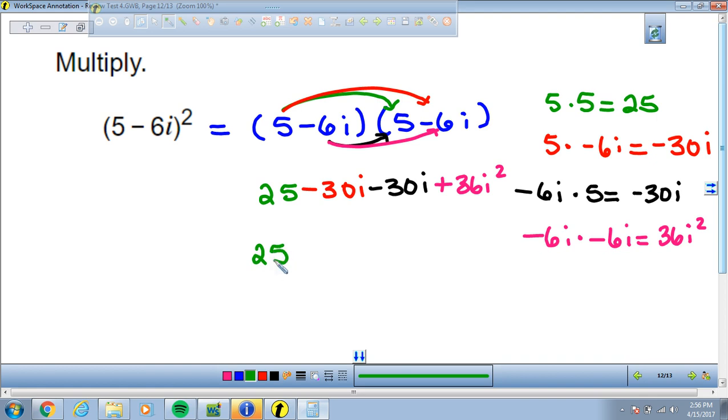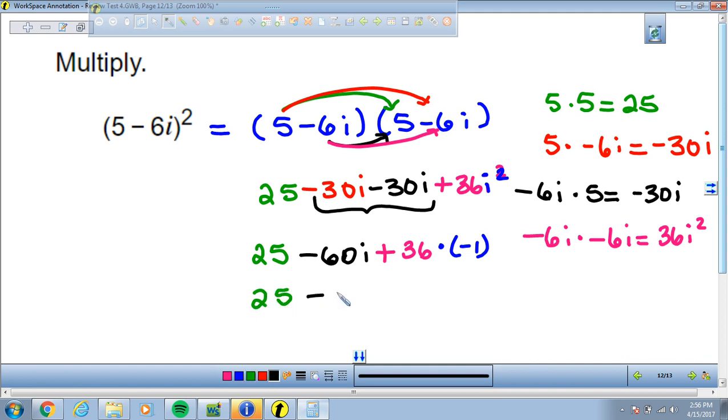You bring down the 25, then we combine these two in the middle. So negative 30i and another negative 30i, you add them up and you keep the sign. Negative 60i plus 36, and then recall that the i squared can be replaced with a negative 1. So positive 36 times a negative 1, it's a negative 36.